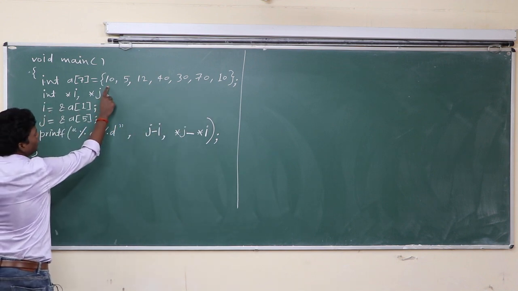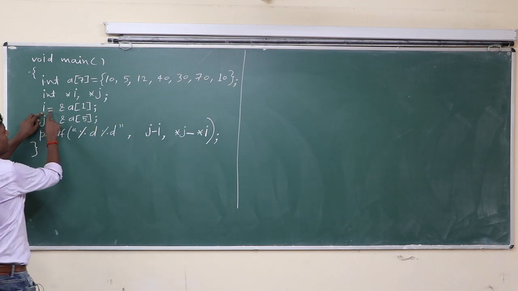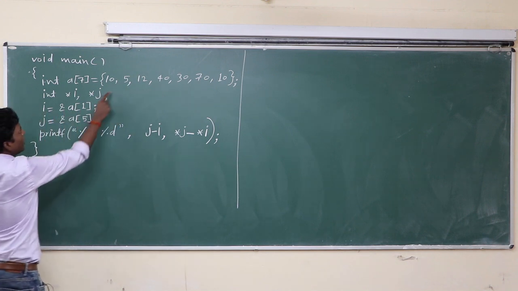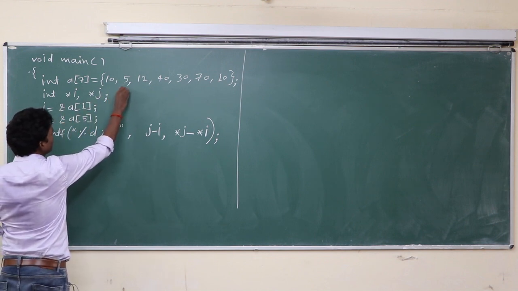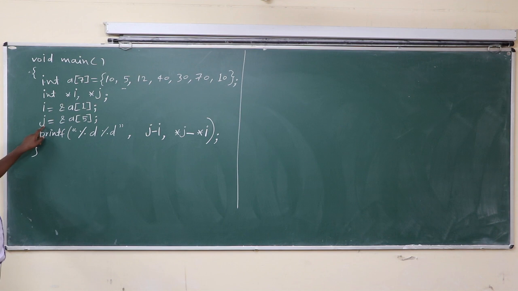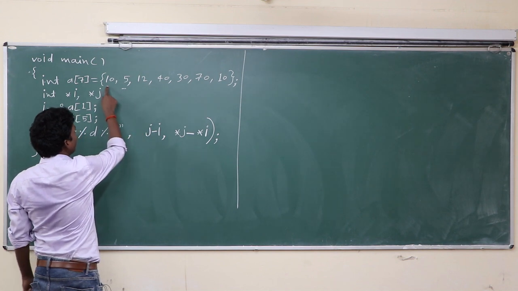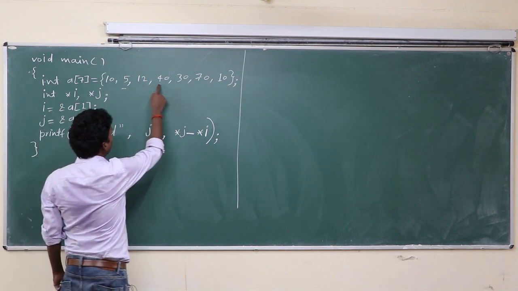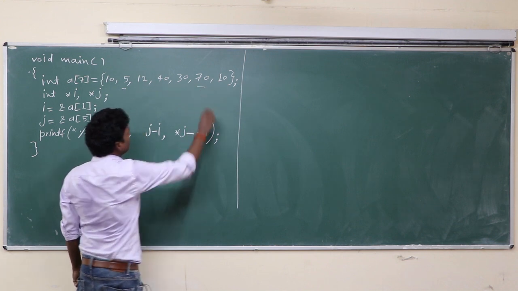So I has the address of a of 1, and j has the address of a of 5. So class, a of 5 is a of 0, a of 1, a of 2, a of 3, a of 4, a of 5. This is a of 5.